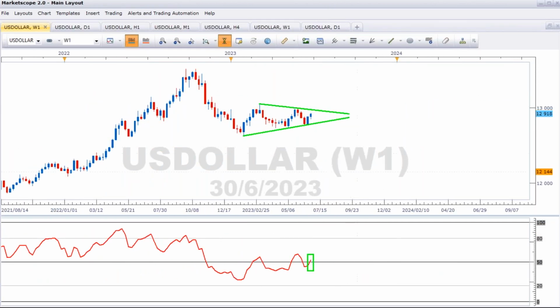Now that there is strong data that is starting to effectively print, let's keep an eye on the weekly chart. We know that the US dollar is moving in a sideways pattern. Yesterday I said I wanted to look at the 30-week exponential moving average. I think now's the time that we should bring it in. So just going to go ahead and bring in the 30-week exponential moving average.